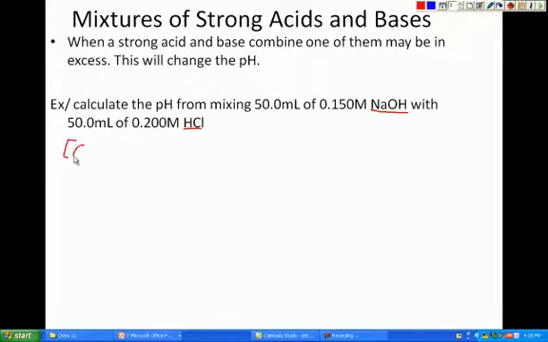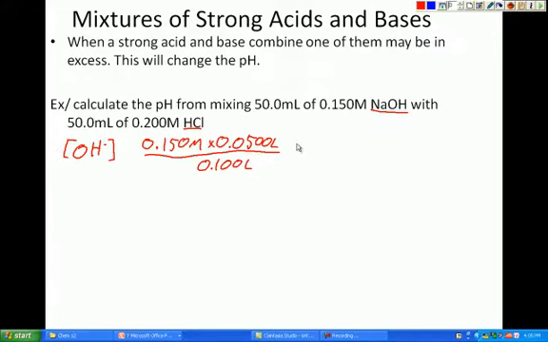So the concentration of OH after it is combined is going to be 0.150 molar times 0.0500 liters, 50 milliliters, and it is going to be in 0.100 liters, since 50 milliliters plus 50 milliliters is 100 milliliters, or 0.100 liters.